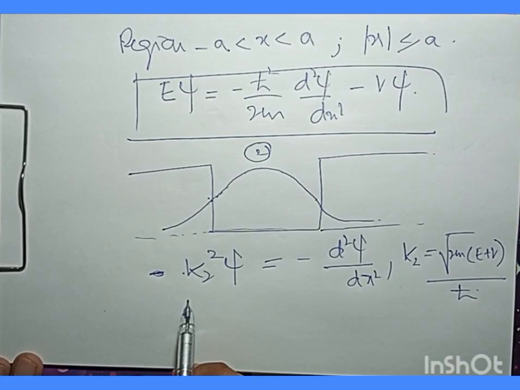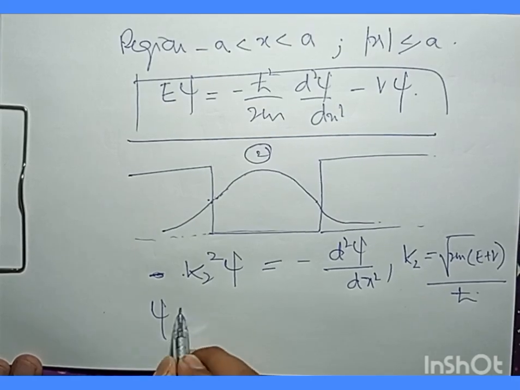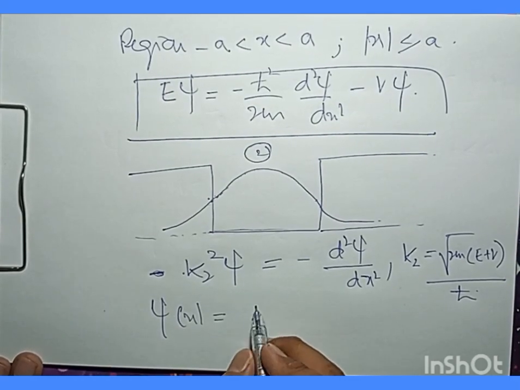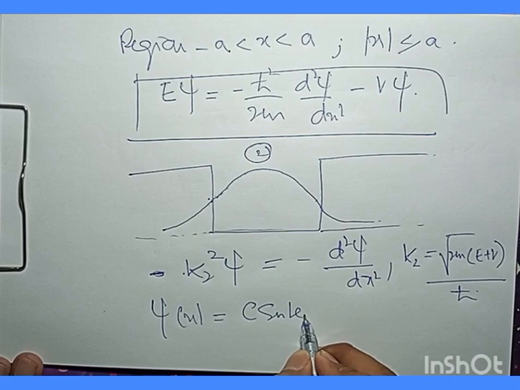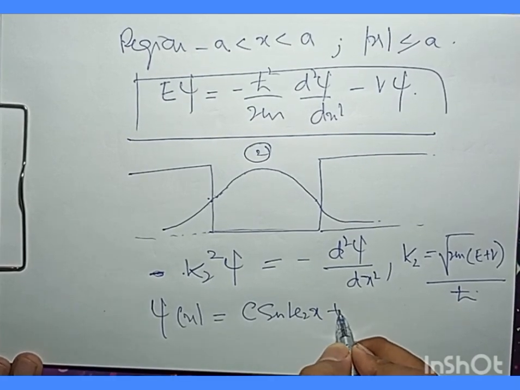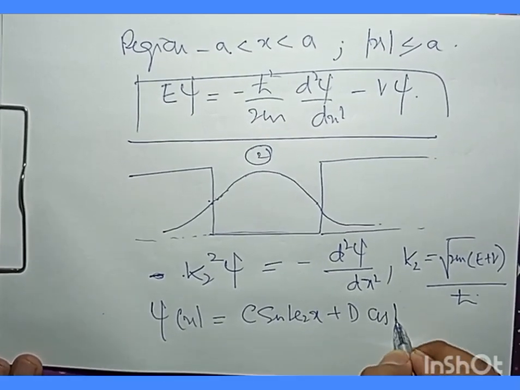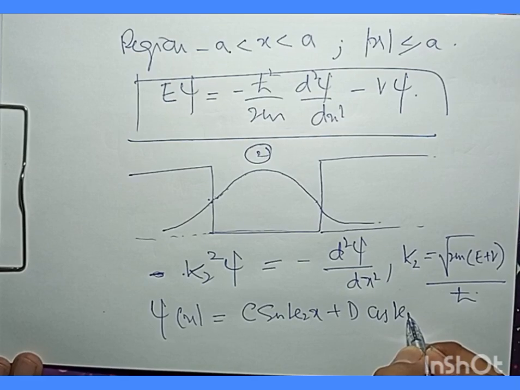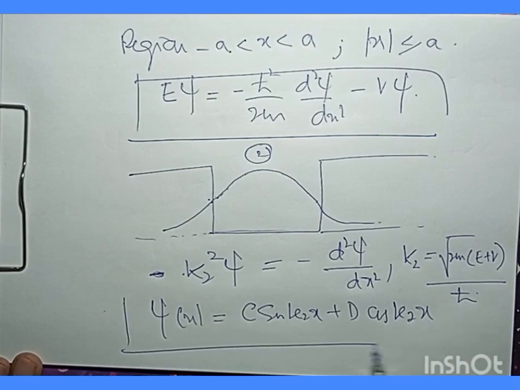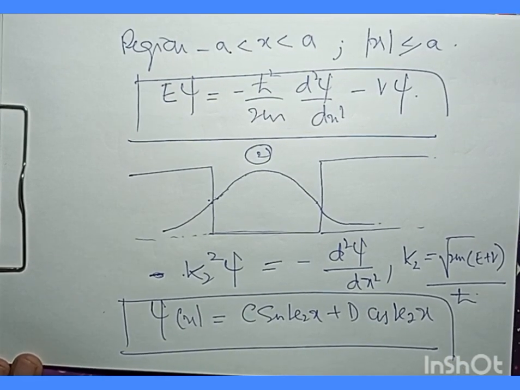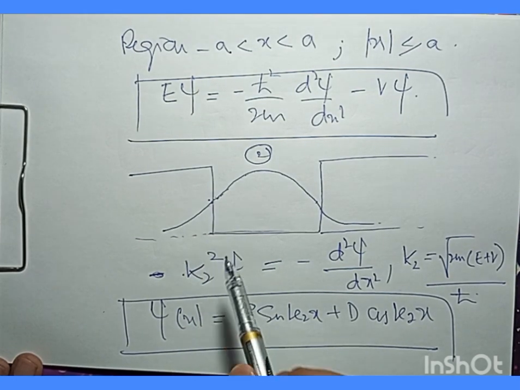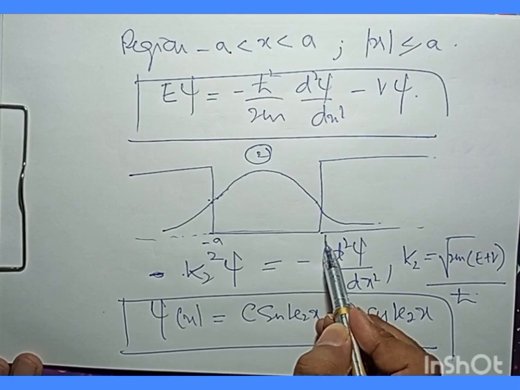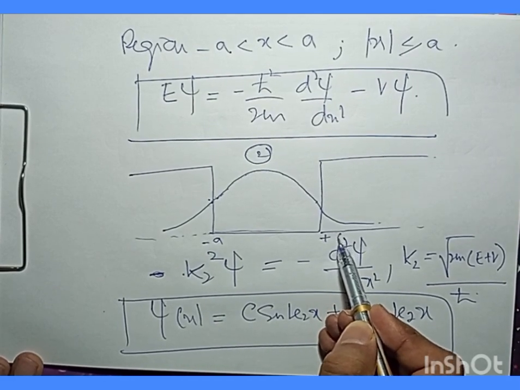So I can write the solution here as psi of x equal to c sine of K2x plus d cos of K2x. And this is the solution for this Schrödinger's wave equation in the region from minus a to plus a.